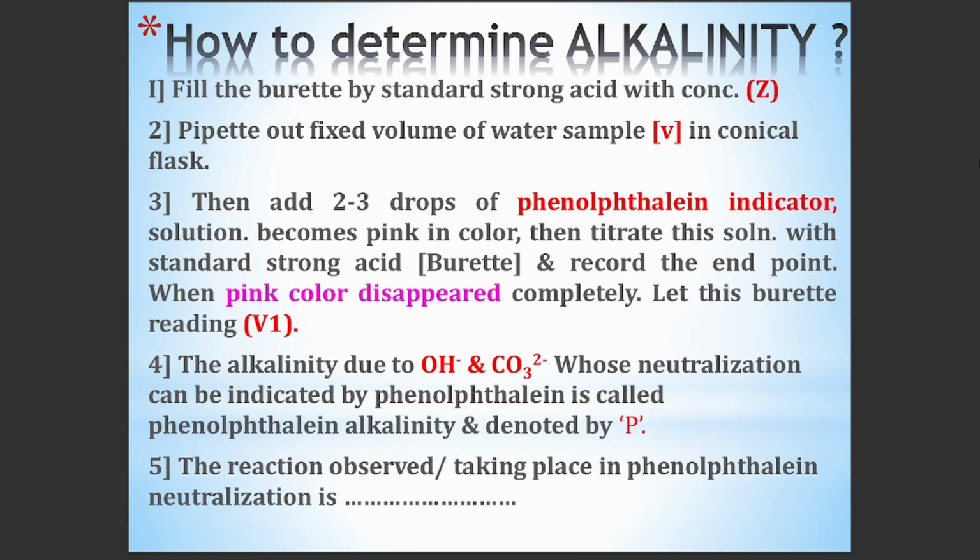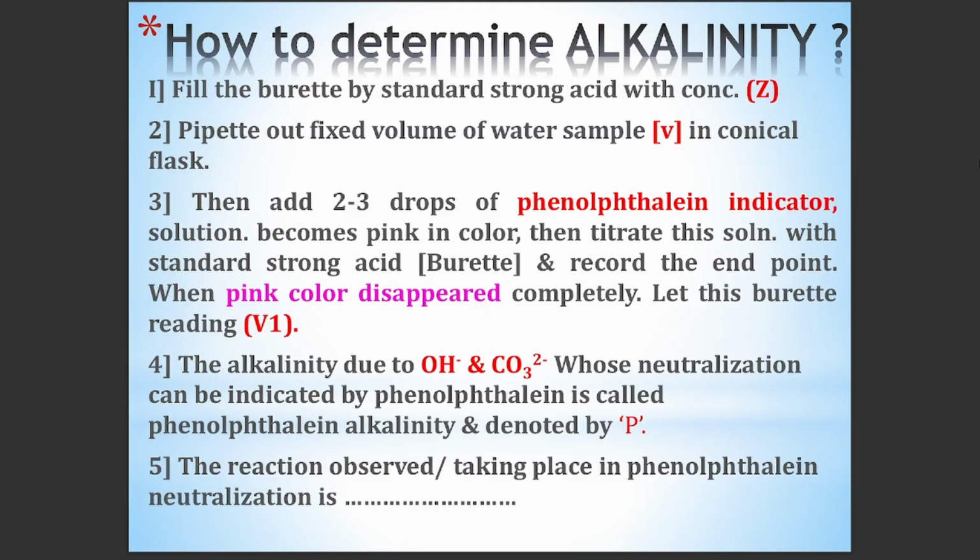Then titrate this pink colored solution with the standard strong acid solution from the burette, with drop by drop addition, till the pink color changes to colorless. Then record the endpoint of the titration. Let us consider this burette reading as V1 ml. Here the V1 ml of acid corresponds to the complete neutralization of hydroxide ions present in the water and half neutralization of carbonate ions present in the water.